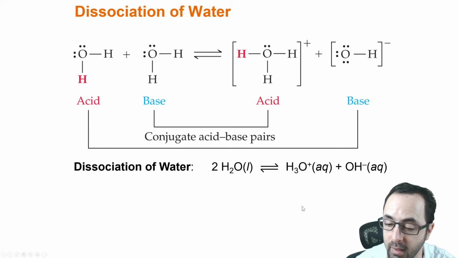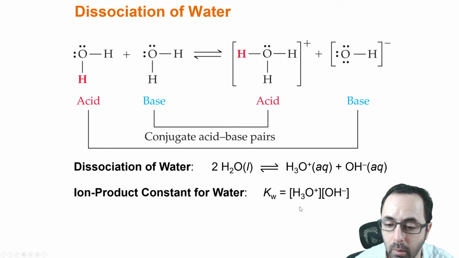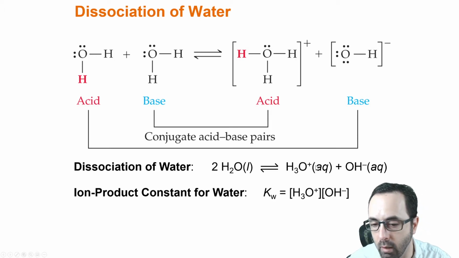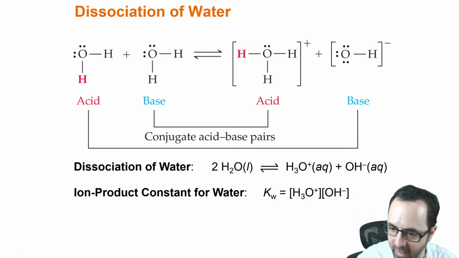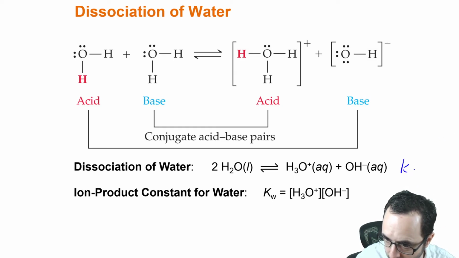We can write an equilibrium constant for this reaction. That equilibrium constant will have product concentrations, hydronium and hydroxide, over reactant concentrations. But water is not aqueous. It's the bulk liquid, so it's not included in the equilibrium constant. The Kc for this reaction has a special name.